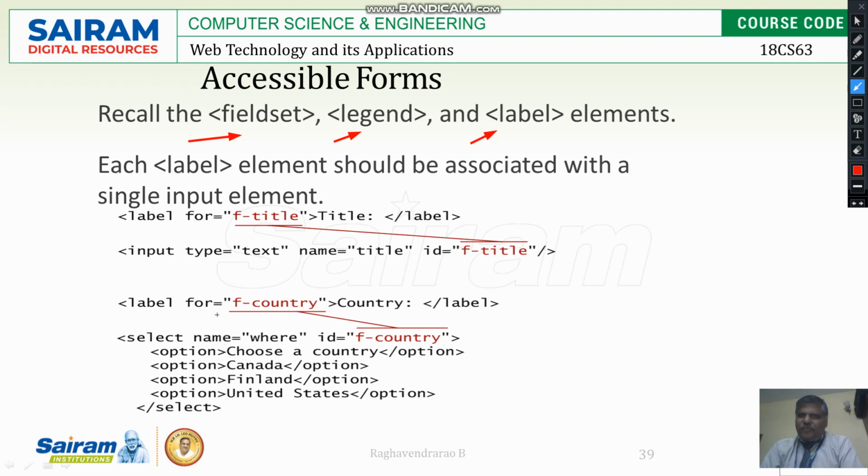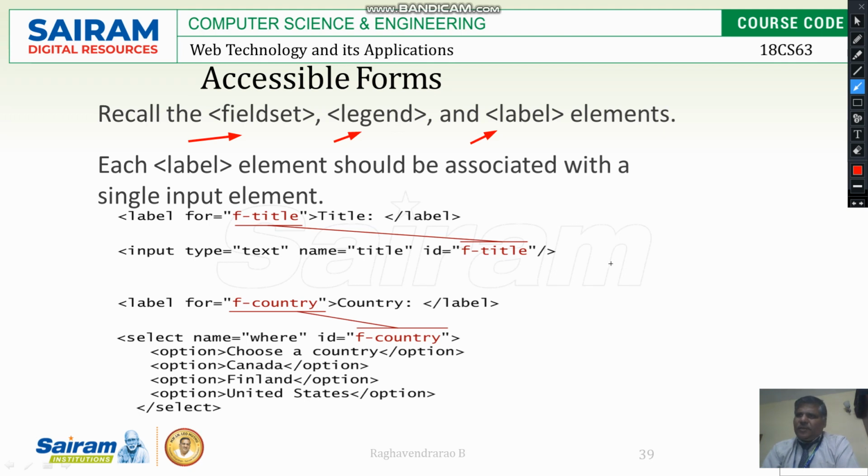Another way: label for F country. This is another operation, the select operation. For this one, you write the country as the label. You can write it like this also. Another way is also there: just before the input, start the label, then you can write the input type, everything, and then close the input as well as the label.